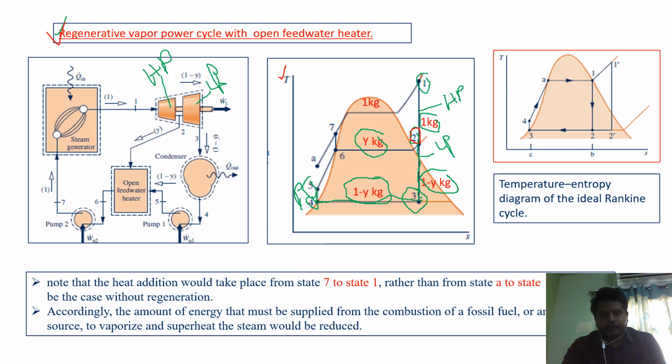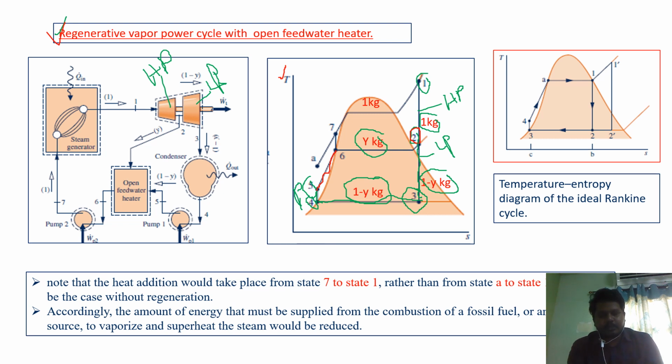So again from point 5 it will enter into the open feed water heater in the process 5 to 6. The function of the open feed water heater is it raises the temperature of the condensed water, because extracted steam and condensed water both are mixing in the open feed water heater.